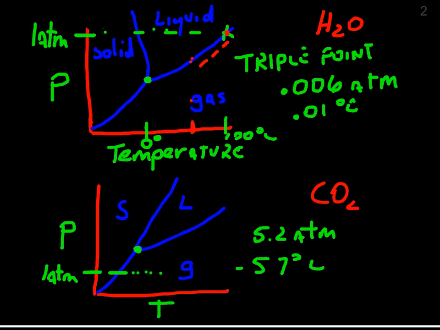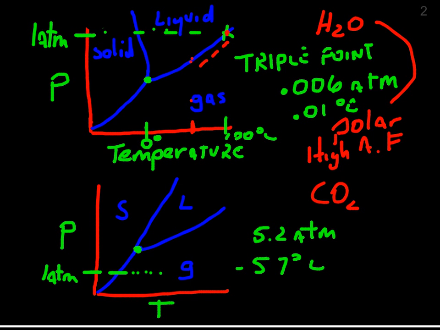Now what accounts for the difference in these triple points, or where the lines go, has to do with the makeup of the molecule. Water is a polar molecule, big time polar. If a molecule is polar, it's going to have high attractive forces, and it's going to have a lot of stickability to each other. One water molecule is going to be able to stick to another water molecule.